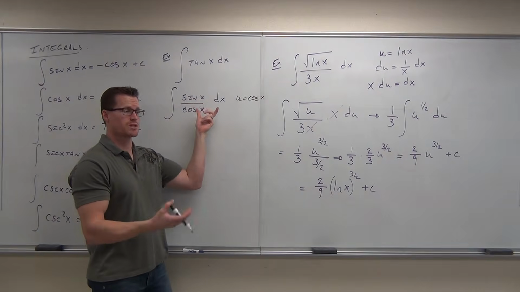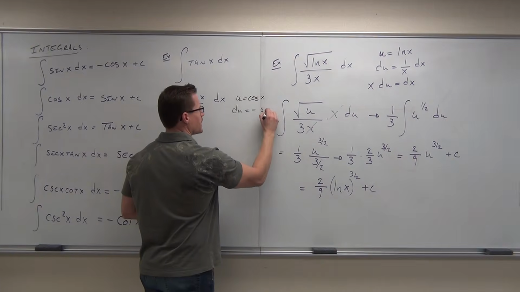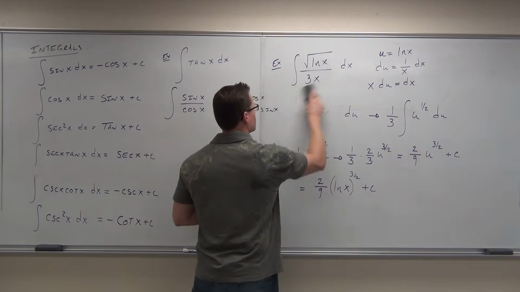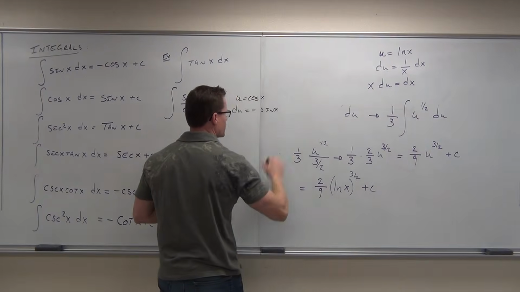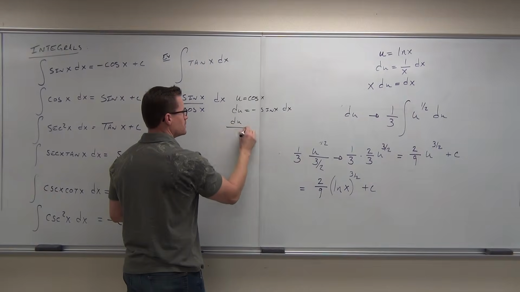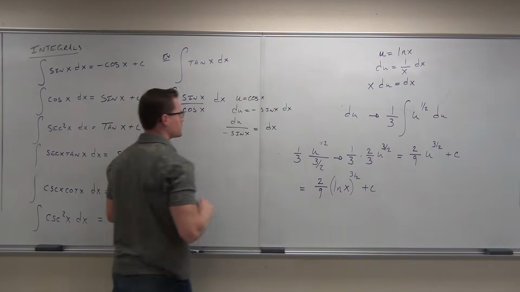That's something we're going to be able to simplify out. So that's a good choice. So du equals negative sine x dx. You know me, I do du over negative sine x equals dx.